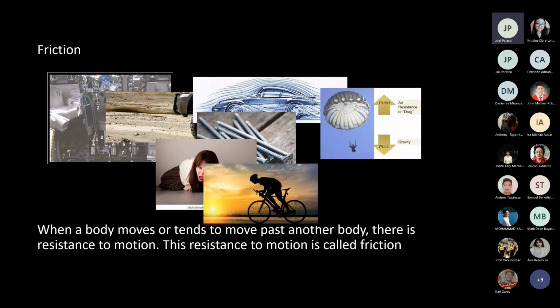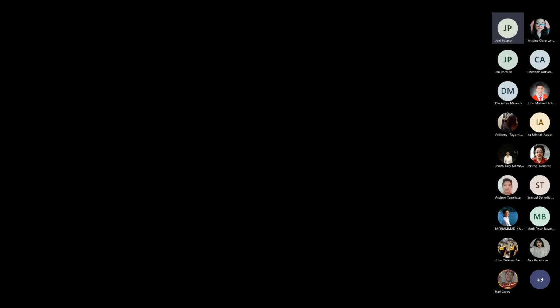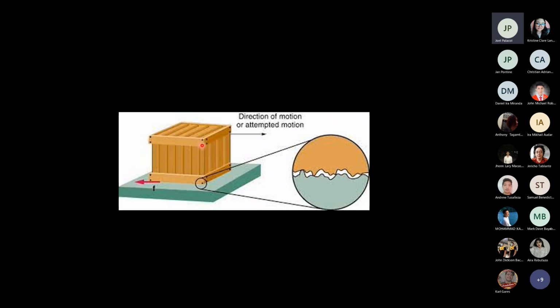When a body moves or tends to move past another body, there is resistance to motion, and this resistance to motion is called friction. Let us consider a box on an apparently smooth horizontal plane. On a microscopic level, friction results from the intermolecular forces between two rough surfaces at points where they come into contact.